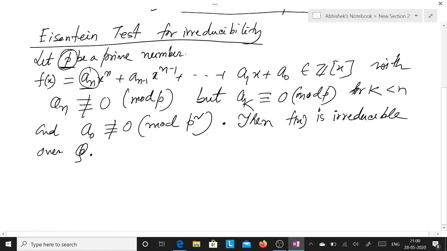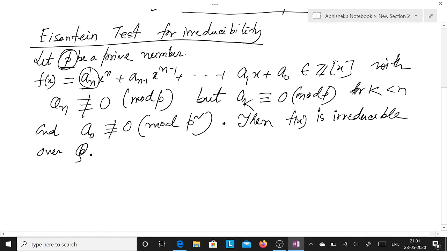So let me come back to this fact. Then f(x) is irreducible over Q. This result tells us that if f(x) is a polynomial over the ring of integers, and if it satisfies the following conditions, that is, p will not divide the leading coefficient a_n, but p will divide all other coefficients, although p square will not divide the constant term.